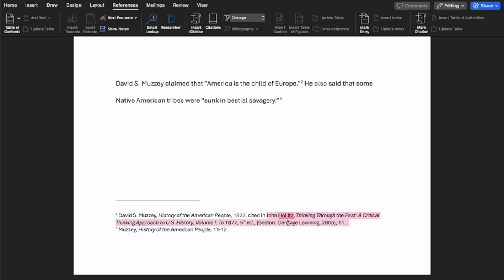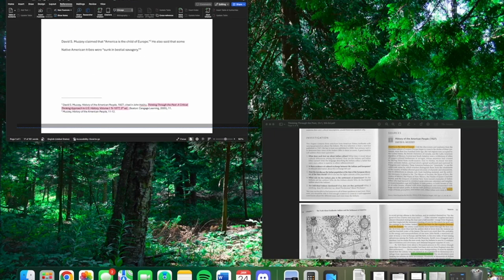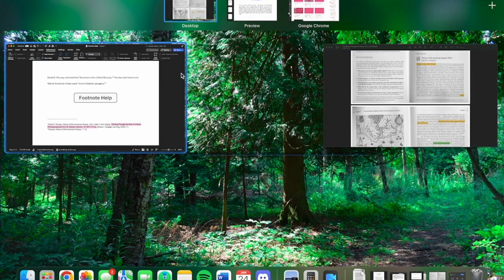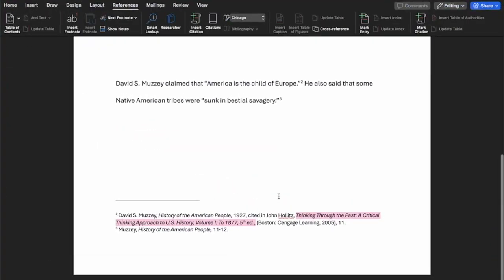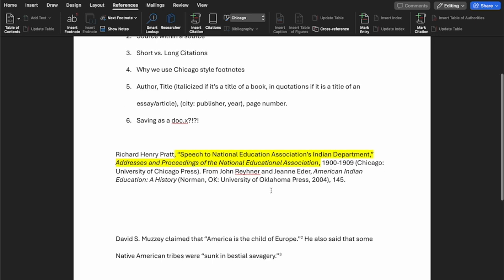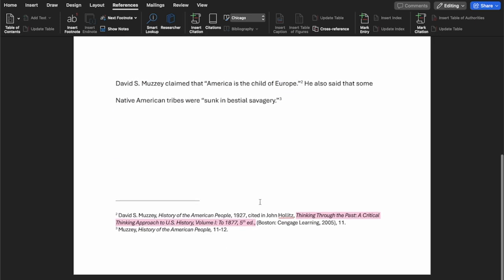And I just put the whole thing in there. We got John Hollitz, and then the whole book title italicized. Some of you might just put Thinking Through the Past, but you want to put all the information because I'm going to get into the short versus long, but you're only really having to put this one time.